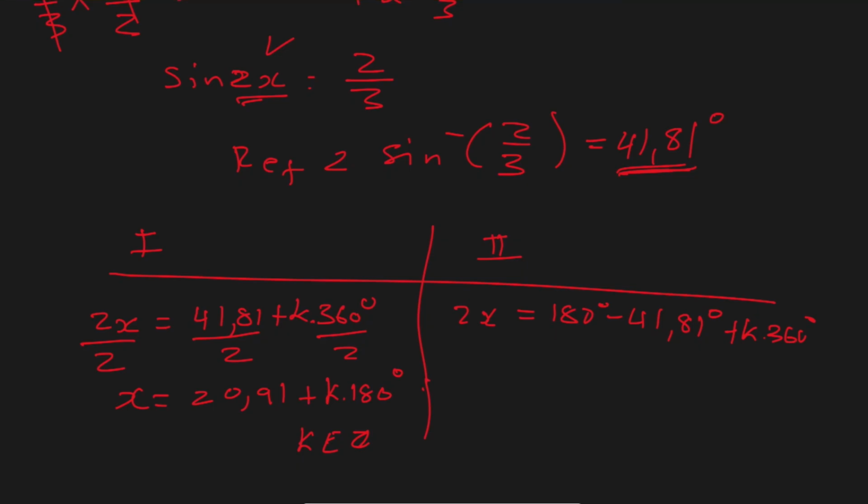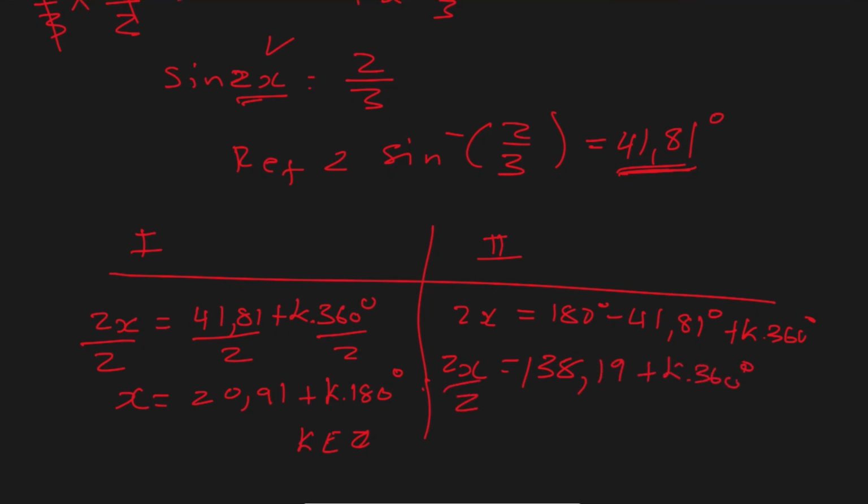So now if we add these things together, we're going to get 2x is equal to what? Let me just use my calculator: 180 minus 41.81, we get the answer as 138.19, and then we have plus k times 360.